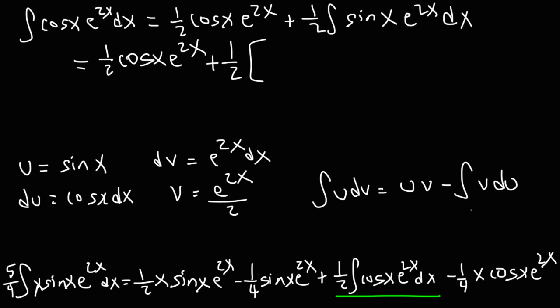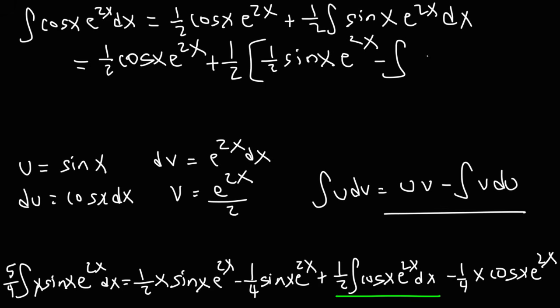And now let's apply this formula. So it's uv, that's going to be 1/2 sine x e to the 2x minus the integral of v du, which is 1/2 cosine x e to the 2x dx.